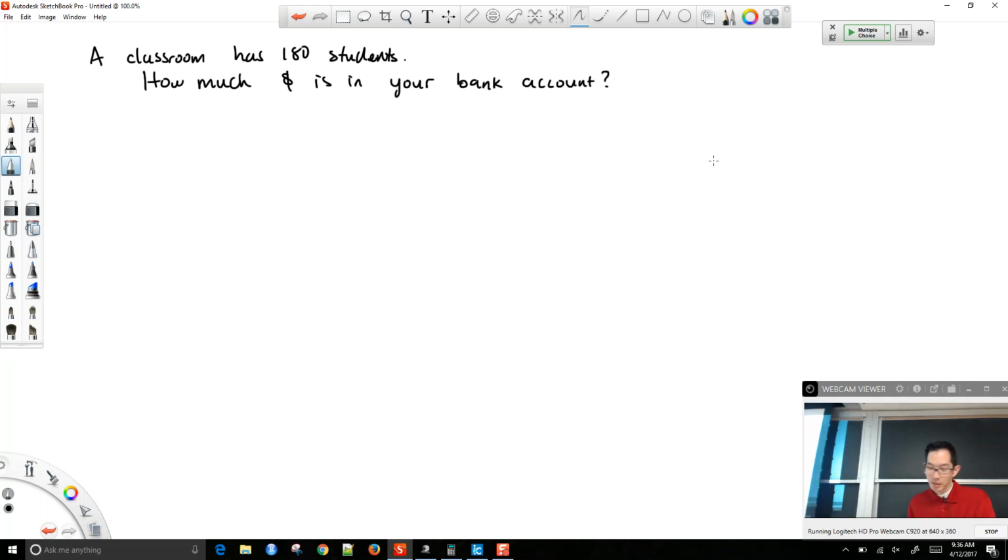Okay. And so we would expect this data to be skewed right, because probably most people will have money in a certain range, but there will be some people who have a very high amount of money in their bank account.